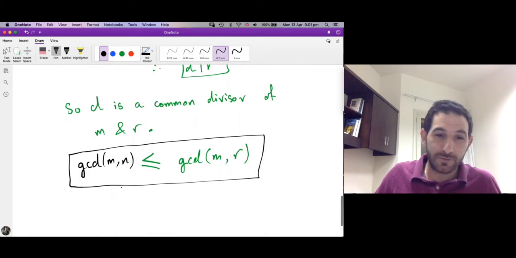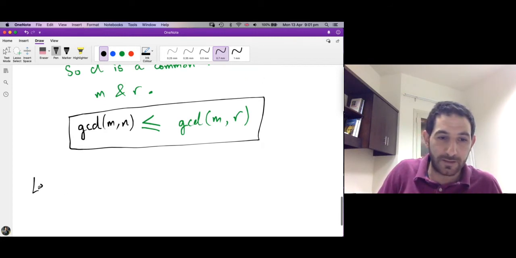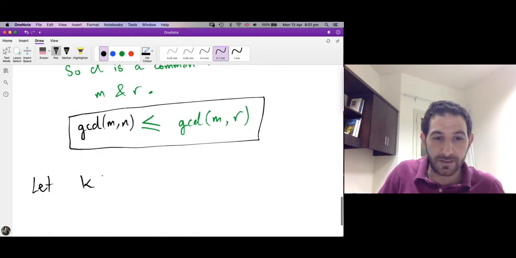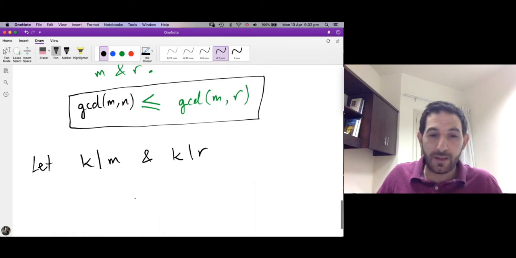Now we will do a similar argument to prove the opposite inequality. So now again, let K be a common divisor of m and r. So suppose K divides m and K divides r. Then K divides any multiple of m plus multiple of r.